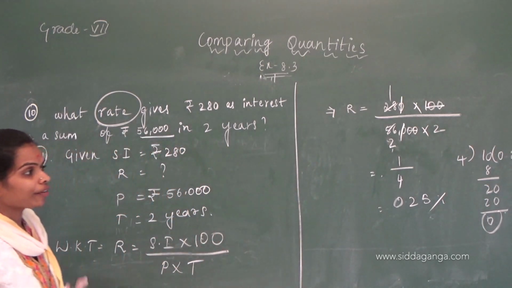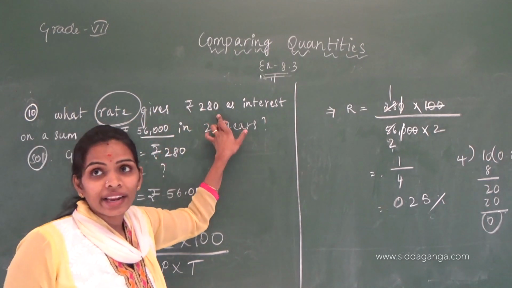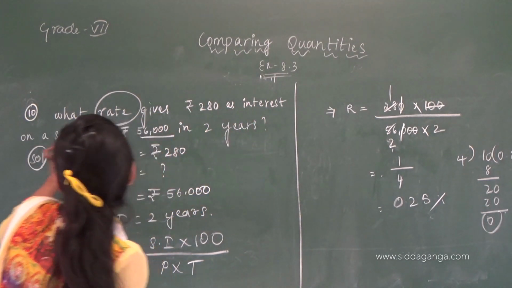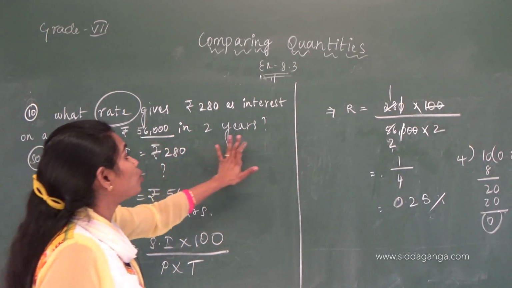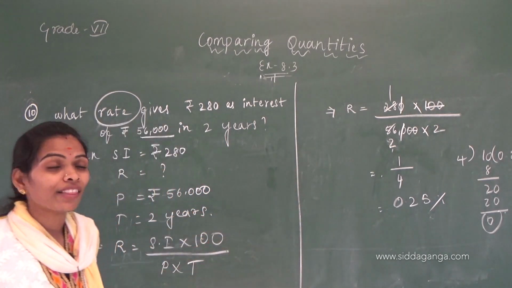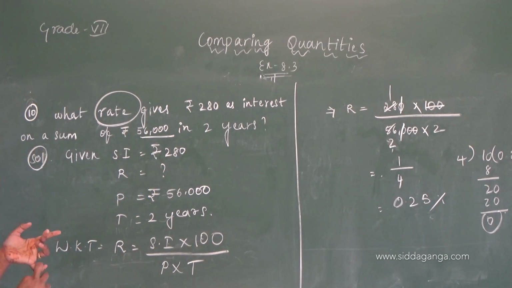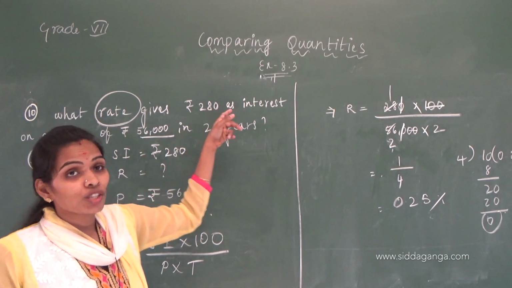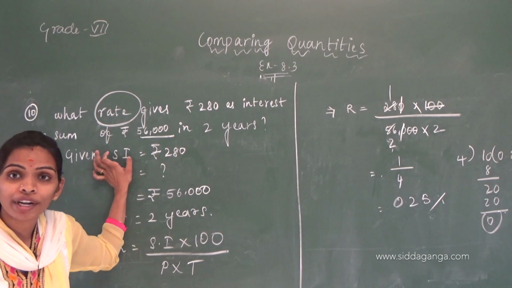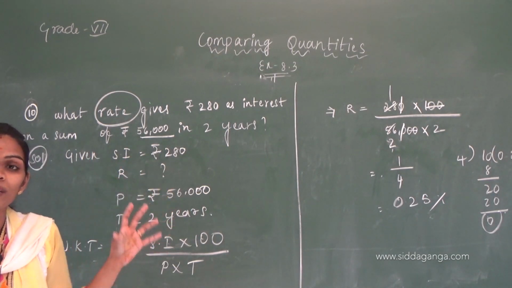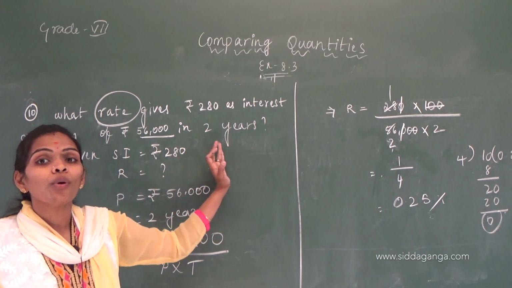Correct? What we did in this question is: what rate gives rupees 280 as interest on a sum of rupees 56,000 in 2 years. Here they are asking what rate of percent interest it could be, in simple interest, that we have paid 280 rupees, and the borrowed amount, the sum or principal, is 56,000 in 2 years.